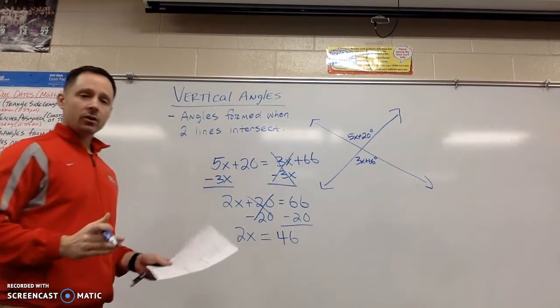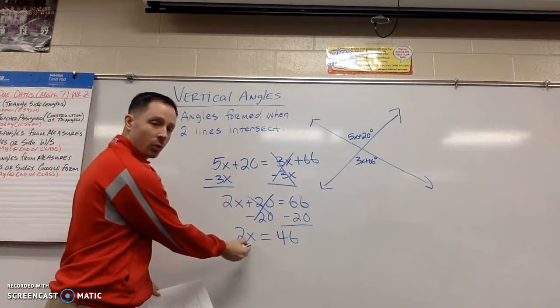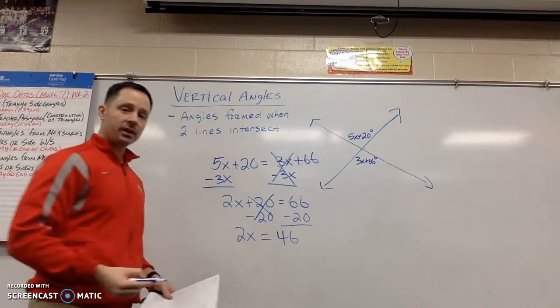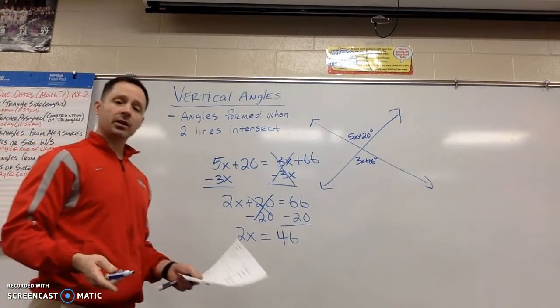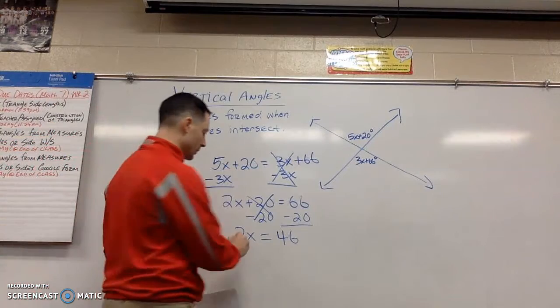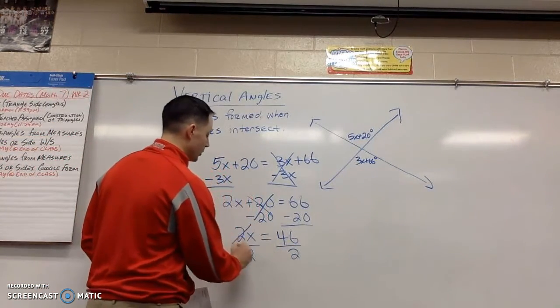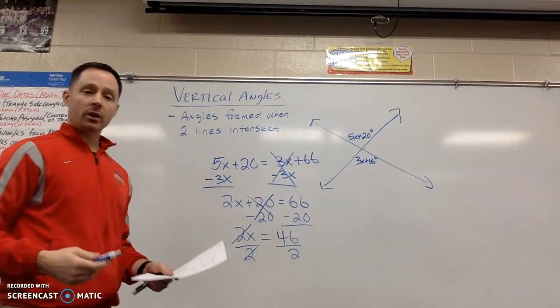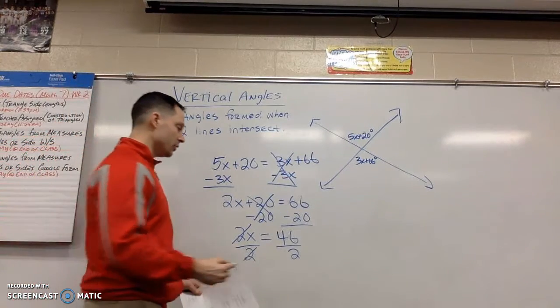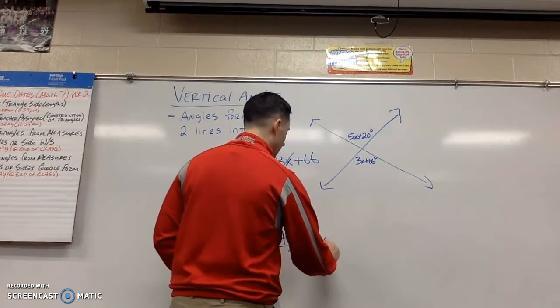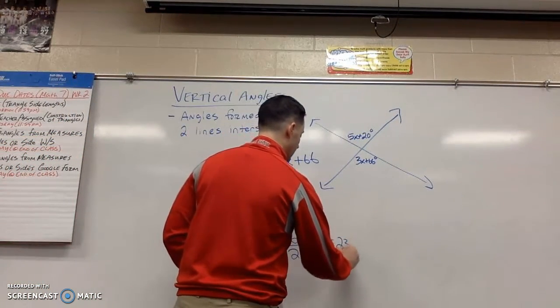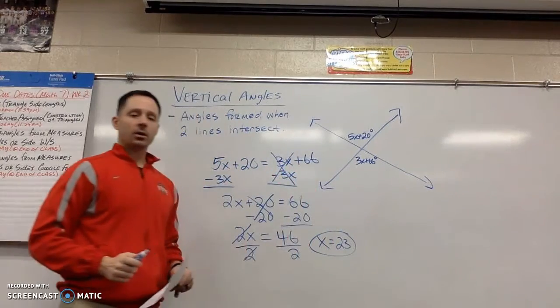Okay? 2 times what number will give me 46? Well, I can simply do this by doing the opposite of multiplication, which is division. And these will drop out, and x will equal whatever 46 divided by 2 is, which is 23.